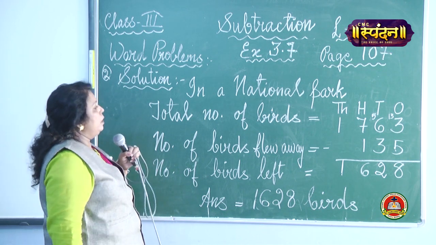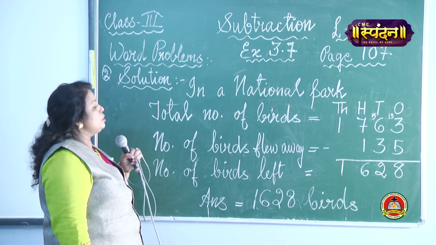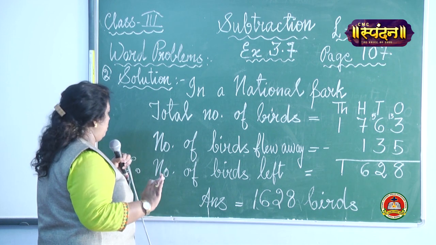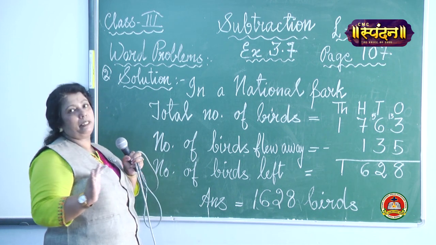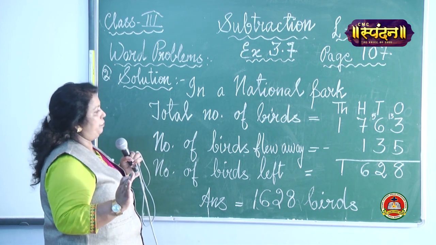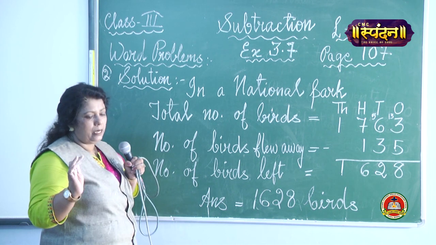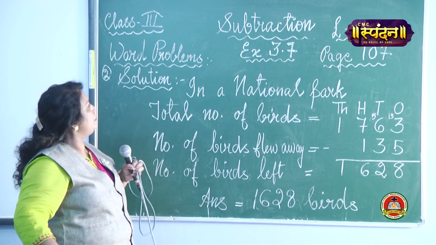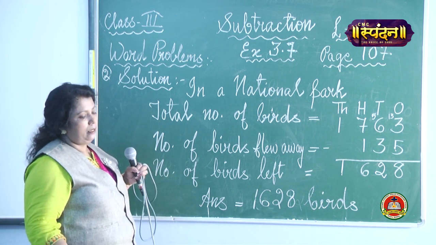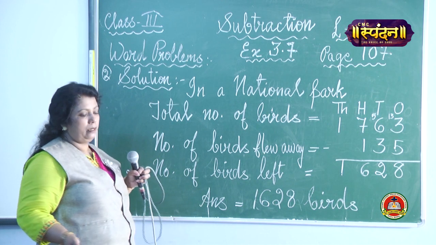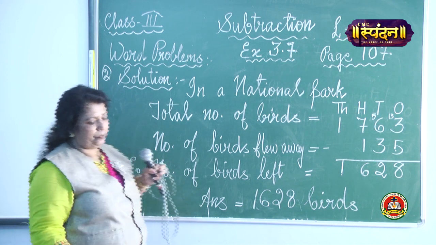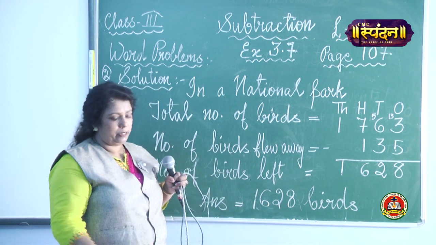How many are there? 135 birds उड़ गए. Therefore, number of birds left कितने? बच गए. That is 1628. I hope all have written. We'll deal with third sum. Okay? I'll read the question for the third sum.